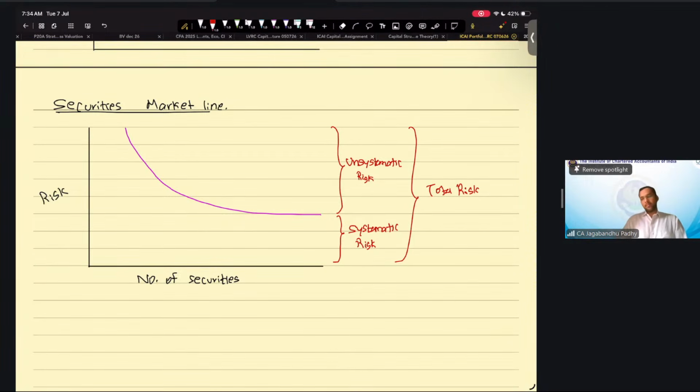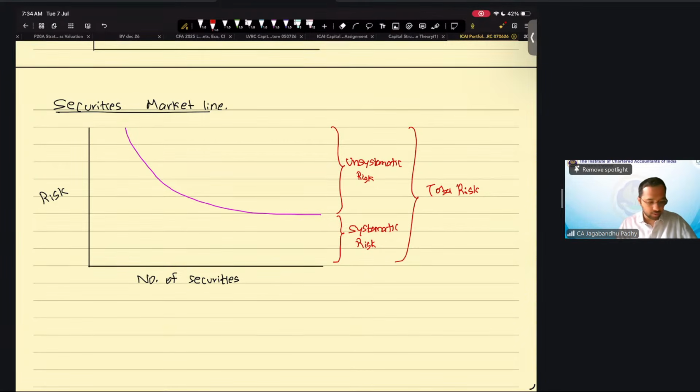So whatever level of diversification you attain, still you have to accept a certain degree of risk. Right? Whatever be the level of diversification in your portfolio, you have to accept a certain degree of risk, and that risk is called systematic risk. You can't do away with that amount of risk.